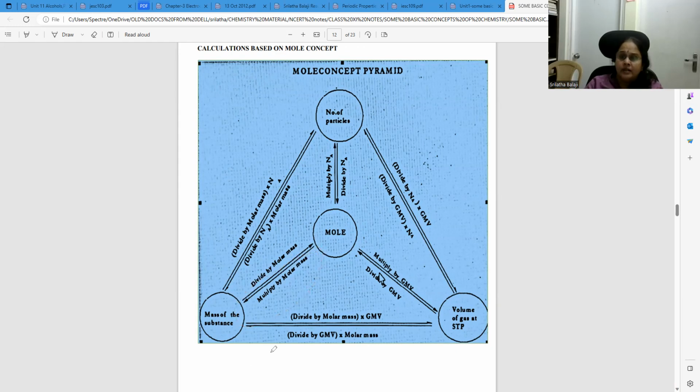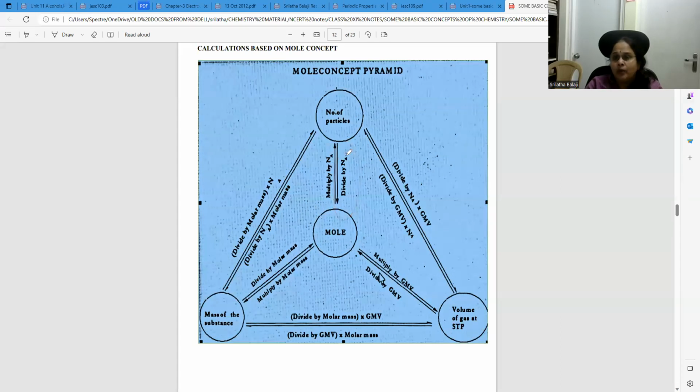Is that clear? And same thing, mole, when you multiply by gram molar volume, you get the volume of gas at STP. Now, when volume is divided by gram molar volume, you get number of moles. Just now we did. Same way, when you multiply moles by Avogadro number, you get the number of particles, and when number of particles is divided by Avogadro number, you get the mole.